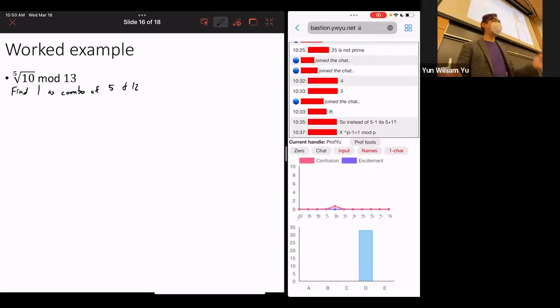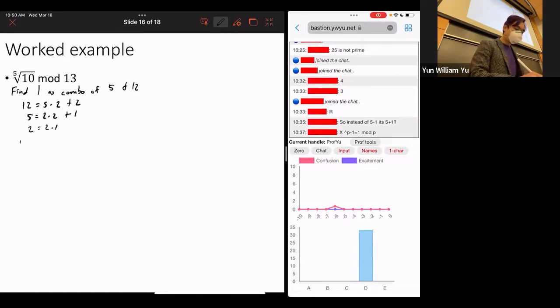Because 12 is 13 minus 1. So 12 is equal to 5 times 2 plus 2. 5 is equal to 2 times 2 plus 1. And then 2 is equal to 2 times 1. So 1 is equal to 5 minus 2 times 2. 1 is equal to 5 minus 2 times 12 minus 5 times 2. So 1 is equal to 5 times 5 minus 12 times 2.